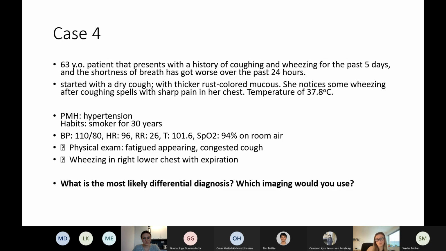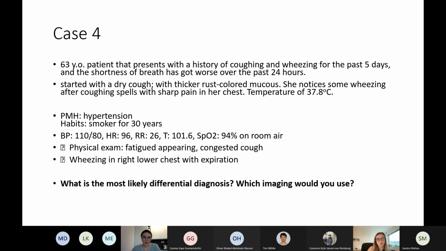X-ray. Yeah, so chest X-ray. For example, if this woman had pneumonia, an X-ray would show what type it is. If it's a lobar pneumonia, it would be very well seen on an X-ray.